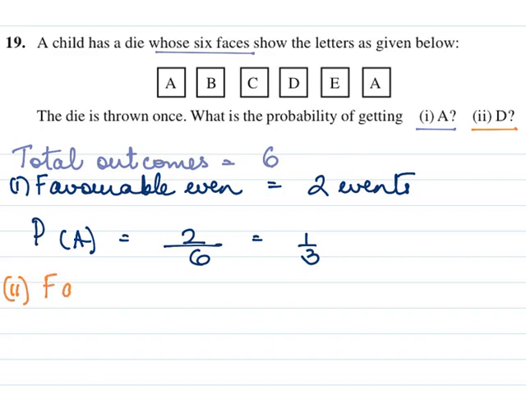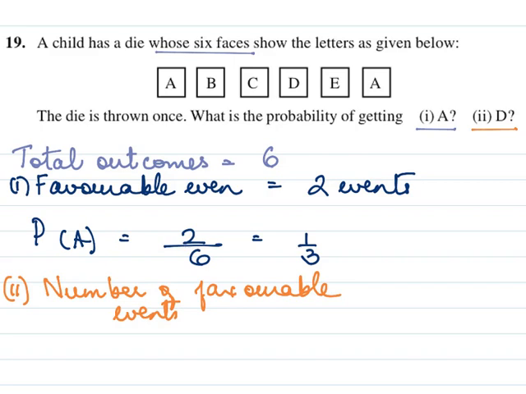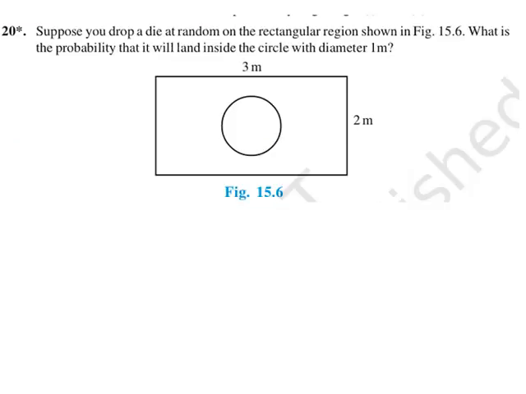We first find the number of favorable events, and the favorable event is D, so there is just one D here. So the probability of getting a D is 1 out of 6.